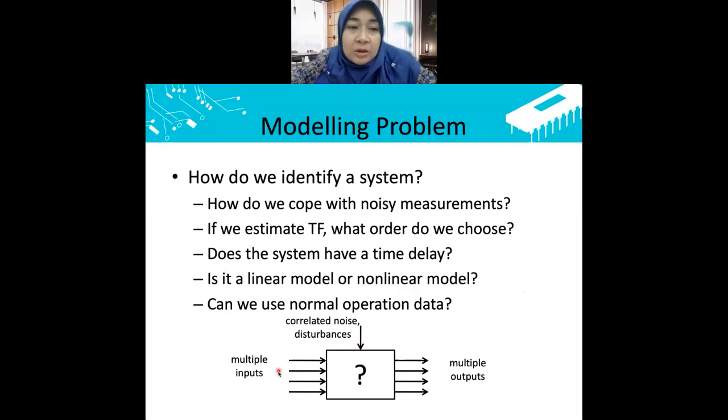Some systems have multiple inputs and multiple outputs, and some have a lot of disturbances, not just one disturbance. For example, if I want to do modeling of a face, a pattern recognition, a facial recognition of a human face, you can have a lot of inputs here, isn't it?